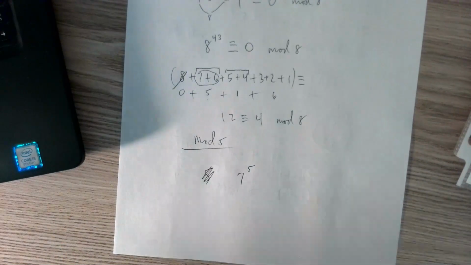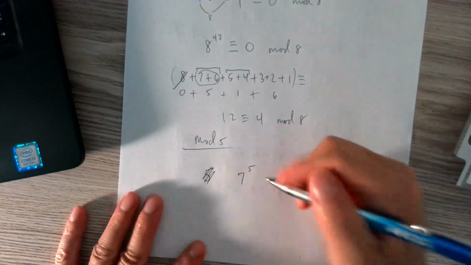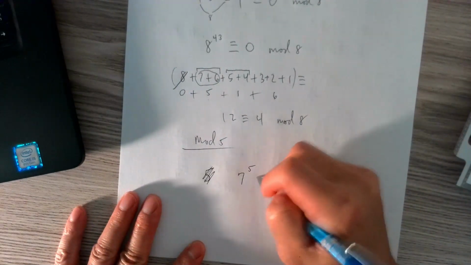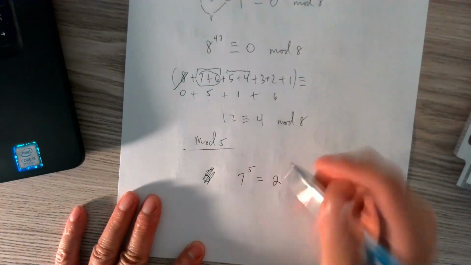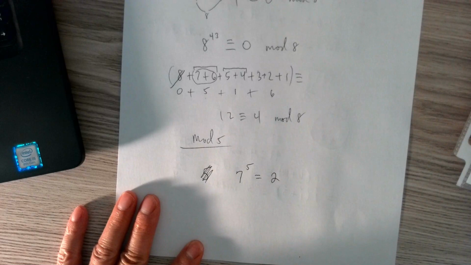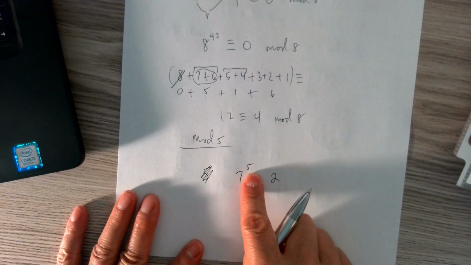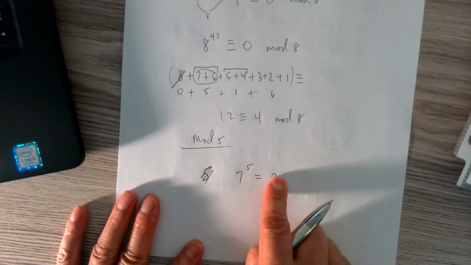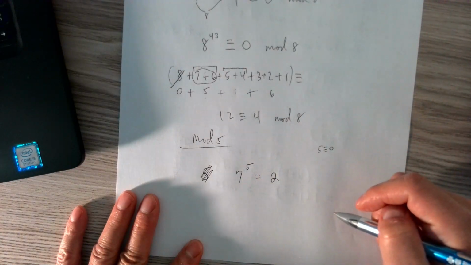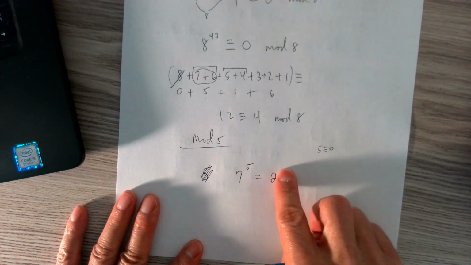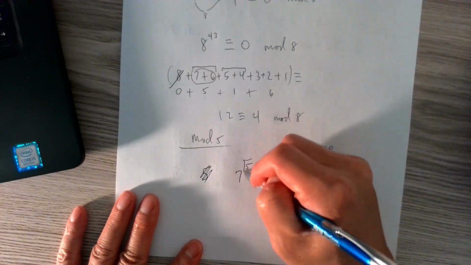I want to know what this is in mod 5. Well, I can certainly change the 7 to a 2. How about that 5? Can I change that 5 to a 0, because 5 is 0 in mod 5? No, I cannot change this.